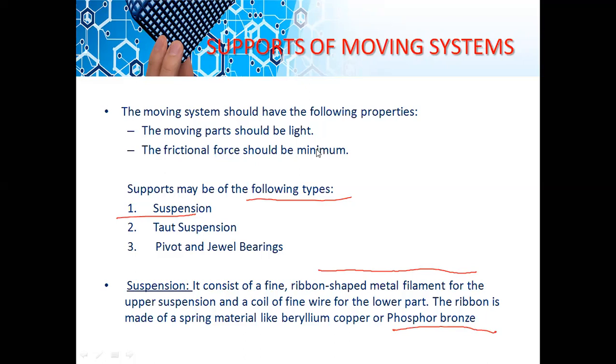So there should be a flexible connection and frictionless connection between a fixed supporting system and a moving system. So what different types of supports can we have? Here we can see them mentioned as suspension type, taut suspension type, and pivot and dual bearing support.